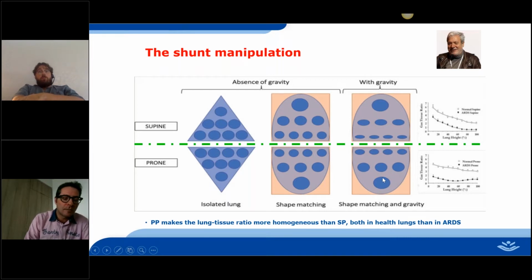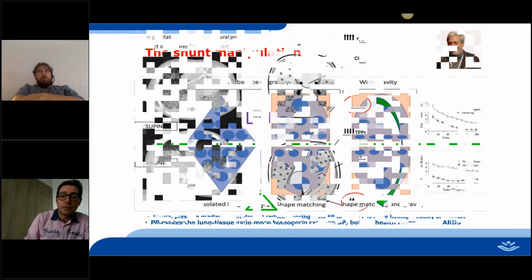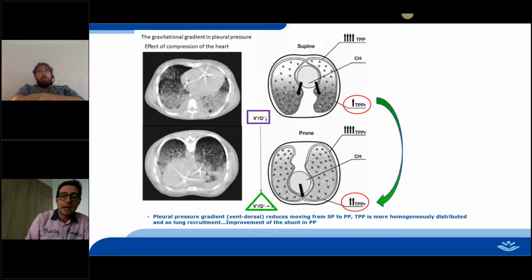See how much more homogeneous the gas tissue ratio is. And this is because during the prone position we have a pleural pressure gradient that reduces, moving from supine to prone position, and this enables the transpulmonary pressure to be more homogeneously distributed, opening the parts of the lungs that were not open before.